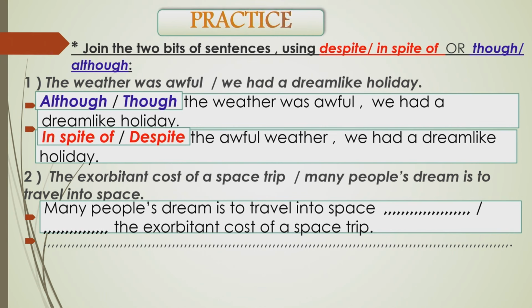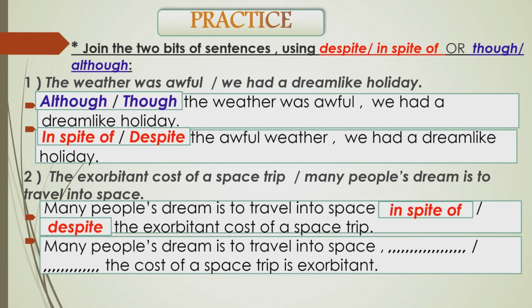So in the first possibility, you have noticed that we have a noun clause just after the conjunction. So we have in spite of and despite, these two equivalents that really fit in there. They are the most suitable before a noun clause.